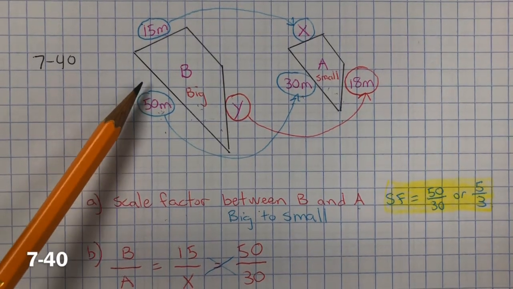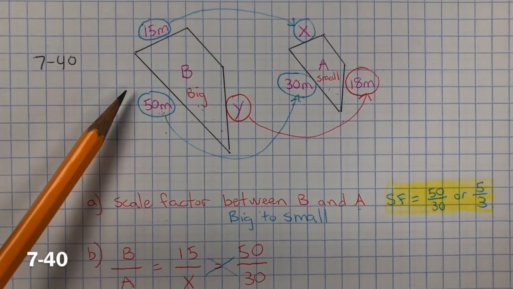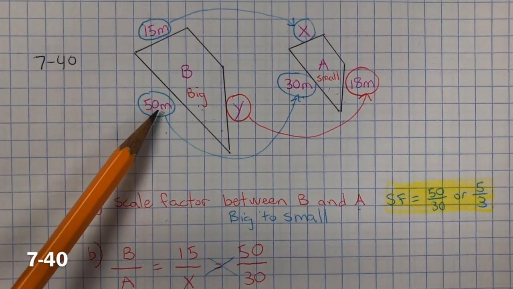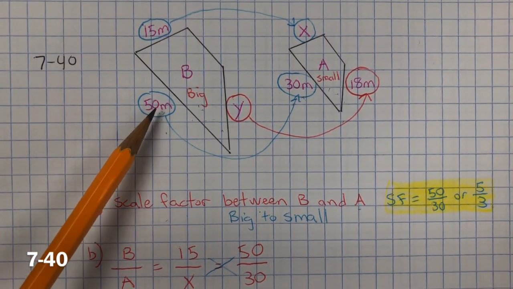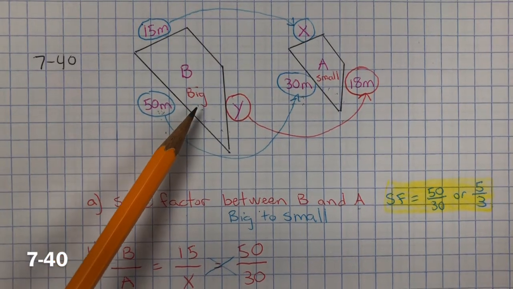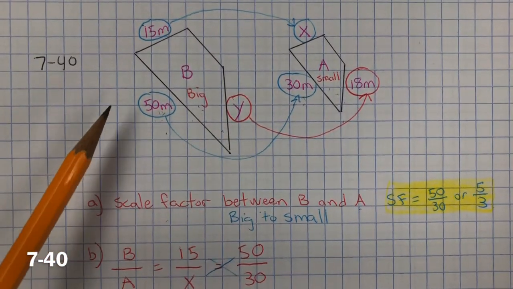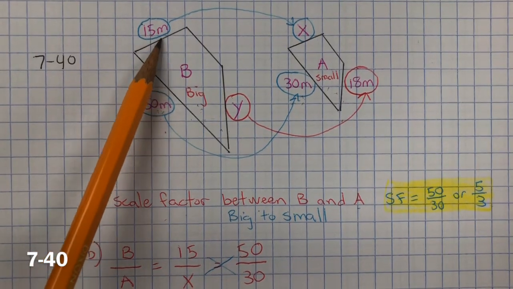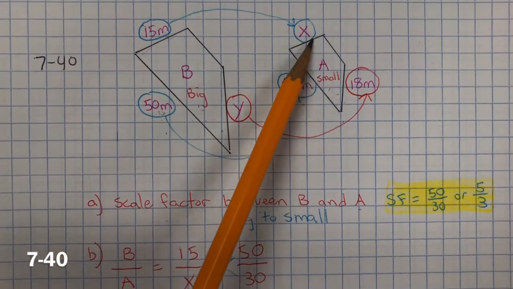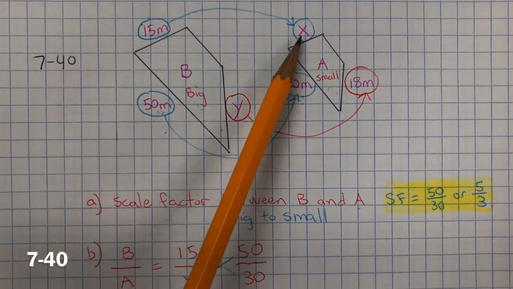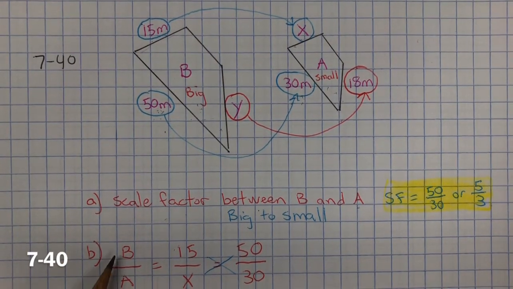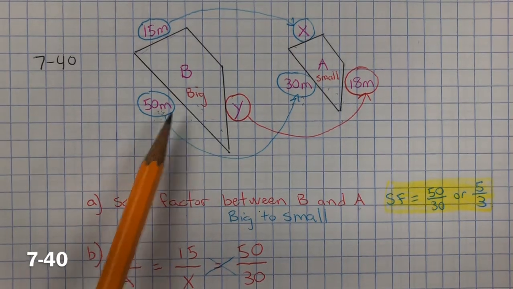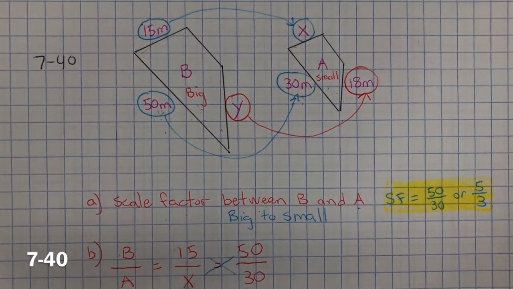In part B, you need to find the lengths of the missing sides. So I'm going to again use 50 and 30. I'm going from big to small, and I'm trying to find X. So you want to find the corresponding side. These are corresponding sides: 15 to X, B to A, or big to small, and then 50 to 30.